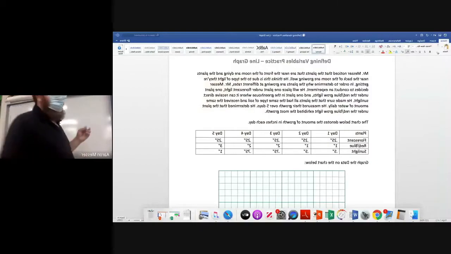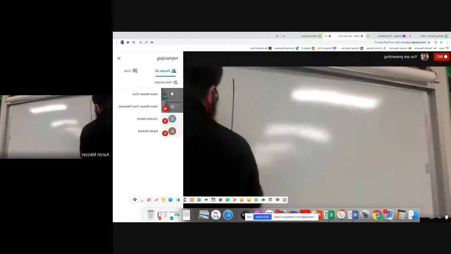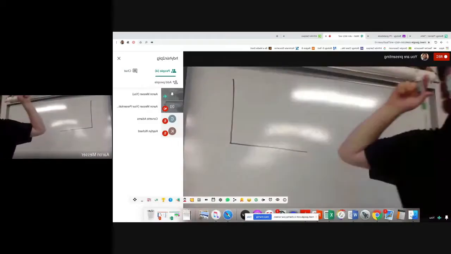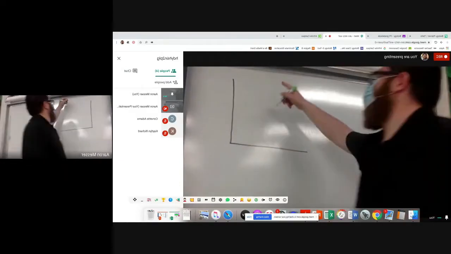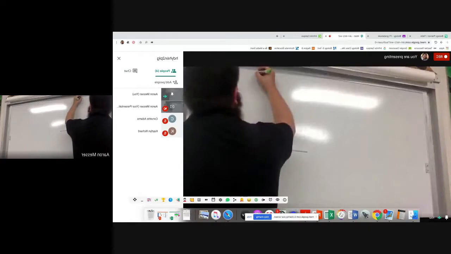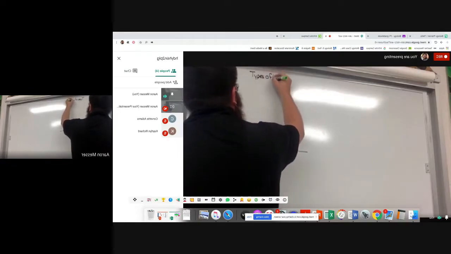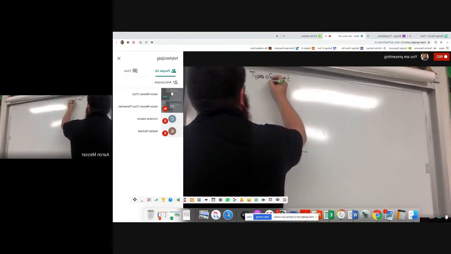I'm going to be flipping back and forth between the data and our chart here. When you're doing a chart, what's the first thing you need to do? Title. So this is types of light and plant growth.